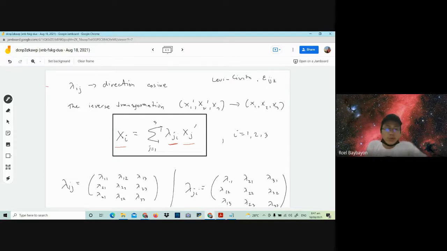Later, we will use this one to prove some triple products. So sa una, kung mag-dot product ta or mag-cross product ta sa duha ka vectors, mugamit ta atong component method which is taas-taas siya gamay. But if you use Levi-Civita symbol, dali ra na siya ma-prove ang mga equations for triple products.